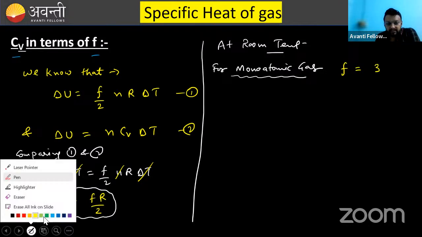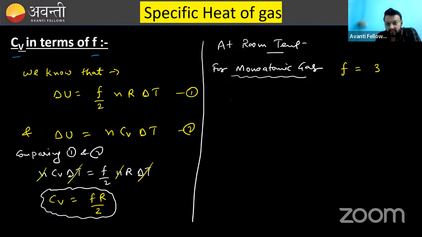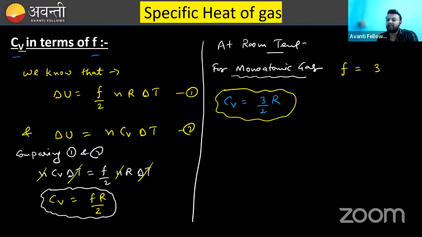If F is 3, then Cv is equal to 3 by 2 R. Similarly, you can place the values for diatomic and polyatomic gases by yourself. Should I move further? So you need to remember Cv is equal to F R by 2. I am moving further.